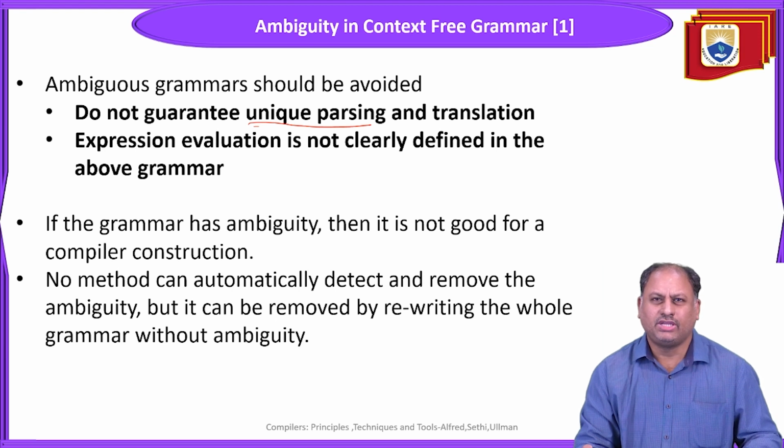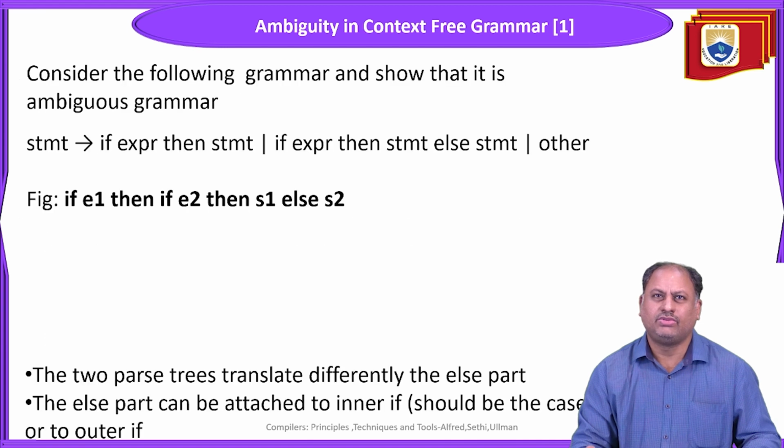If the grammar is ambiguous, then compiler construction is very difficult, and it is not good for source code generation, that is machine code generation from the source code. There is no method that can detect and remove it automatically, so we have to rewrite the entire grammar without ambiguity.